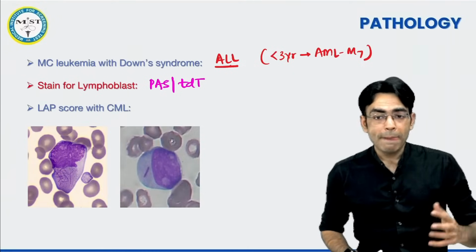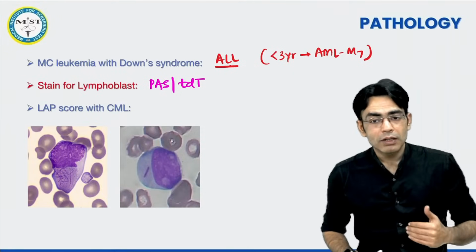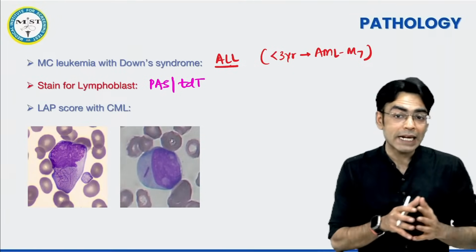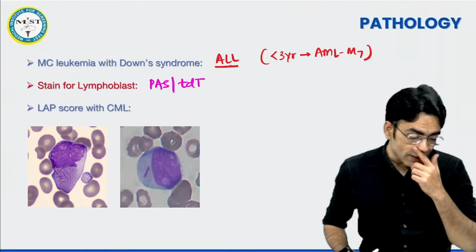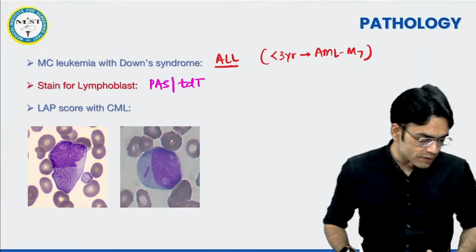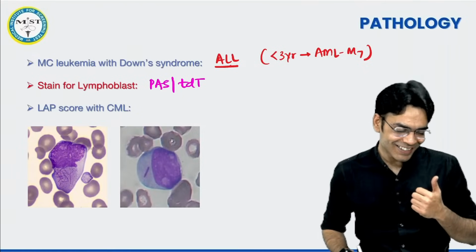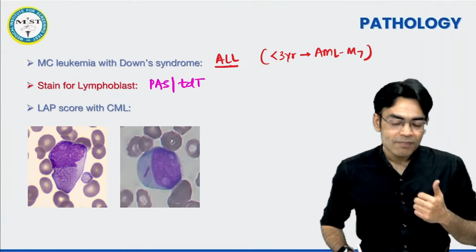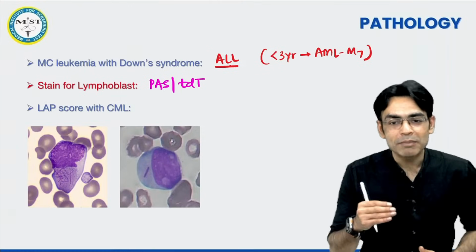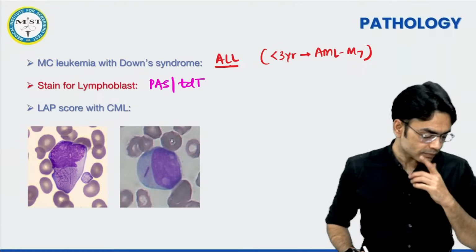LAP score with CML. What is this LAP? This LAP is leukocyte alkaline phosphatase. So who will tell me what the LAP score is with CML? Wait, I will tell you. Auer rods are seen with M3.